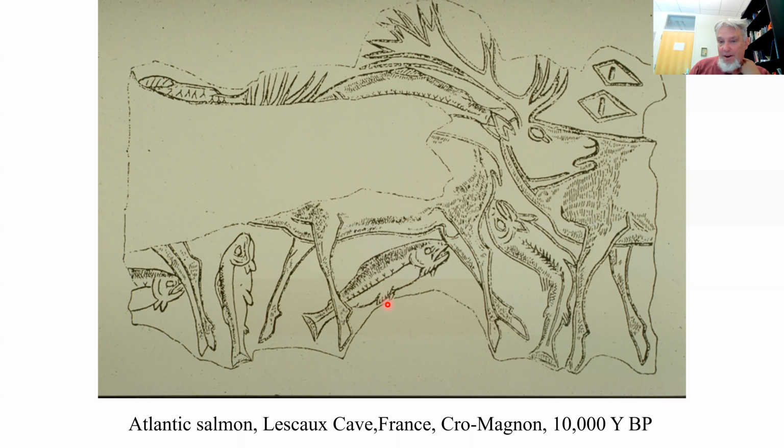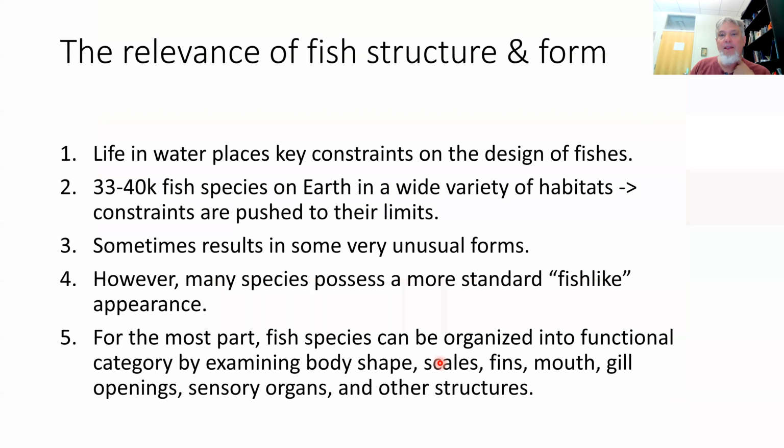They show the pelvic and the pectoral fins here, and then this little adipose fin, which is characteristic of salmonids. It's missing on this one, but the cool thing is that it represents the sort of detail that a hunter-gatherer society would have in terms of identifying and knowing the differences in their prey.